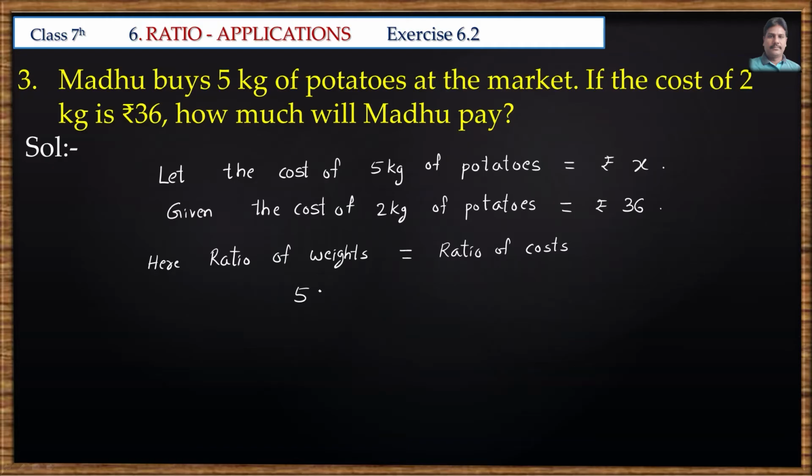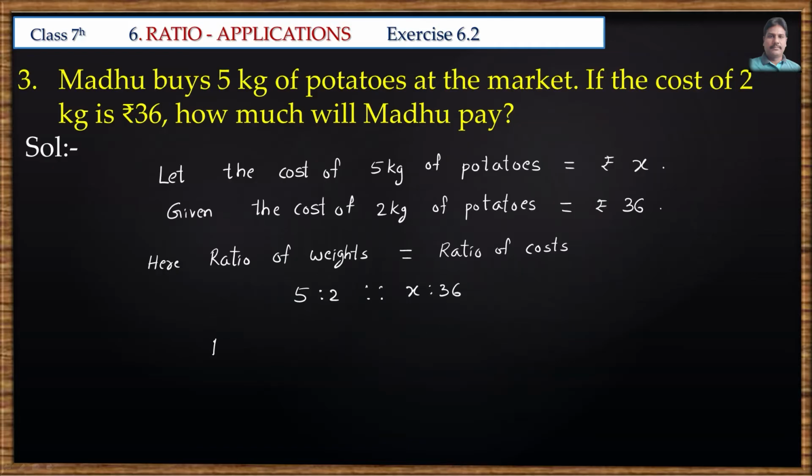Therefore, 5:2 is in proportion with X and 36. The costs are X rupees and 36 rupees. The weights are 5 kgs and 2 kgs. So 5:2 is in proportion with X is to 36.